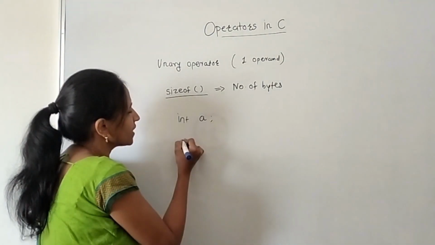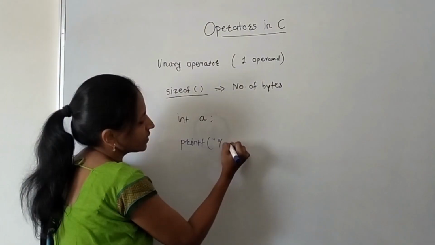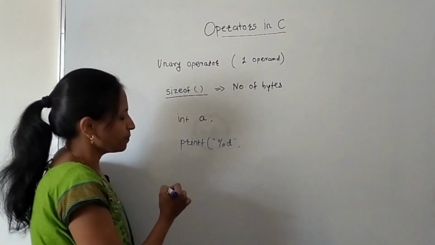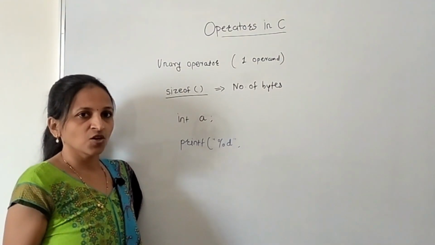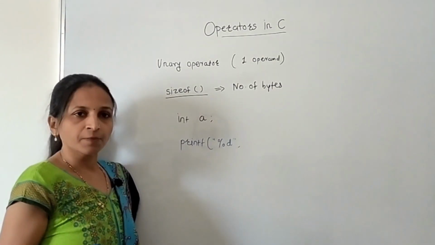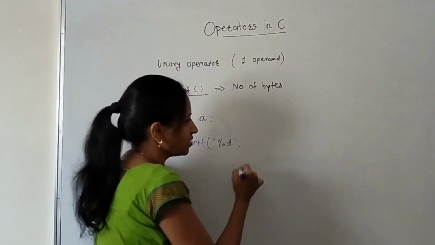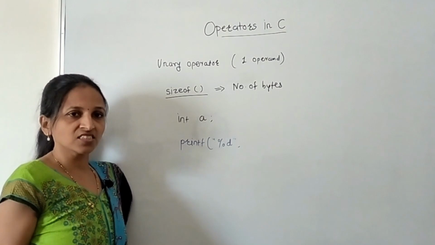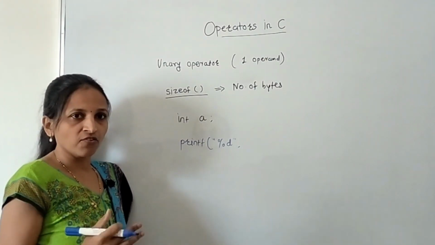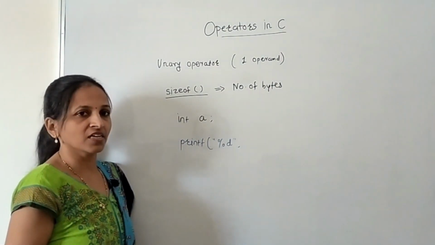Now suppose I am writing like this: printf %d. This printf function is used to display something onto the screen. In the lecture on unformatted and formatted IO functions, I explained everything about printf.